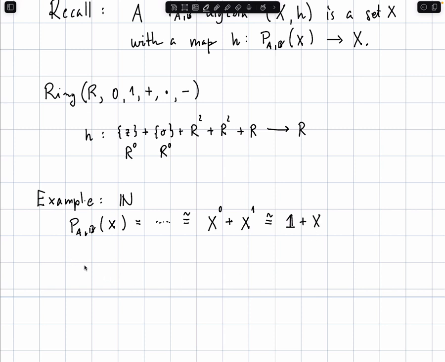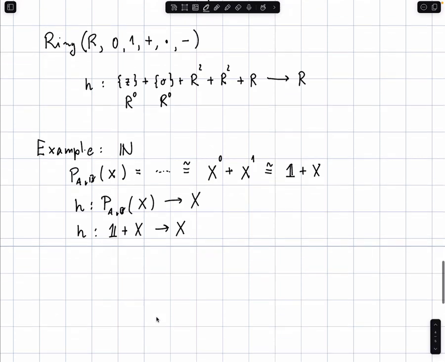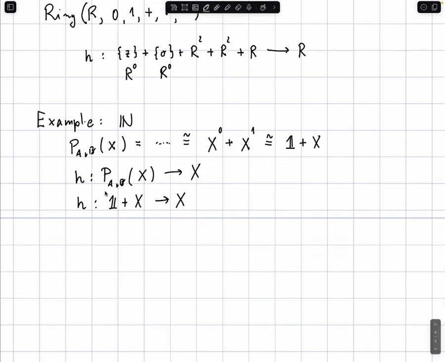So what is an algebra? An algebra for this functor is going to be something that goes from PAB of x to x, up to isomorphism. That's the same thing as h, which goes from 1 plus x to x, up to isomorphism. That's like 2 separate maps, because you get one map by looking at the first component and another map.